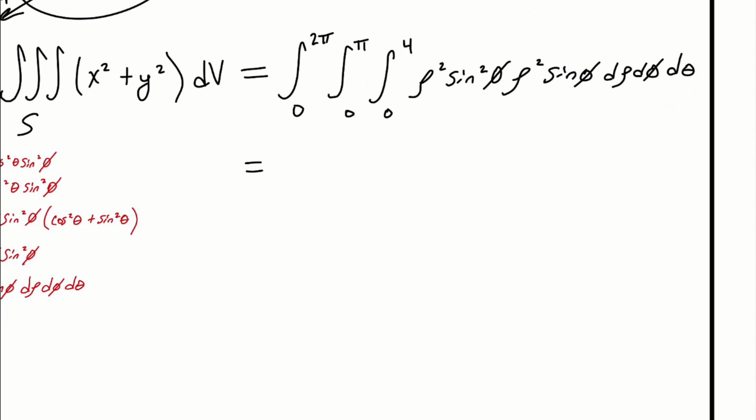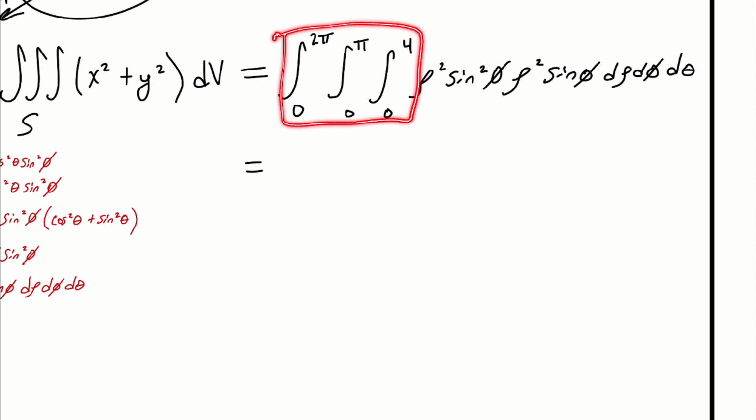So notice here that all of our bounds are constant because, just like what we learned in Cartesian coordinates, if you have an integral where all of the bounds are constants, you're integrating over a rectangle. Well, here, apparently, this is like a spherical rectangle.